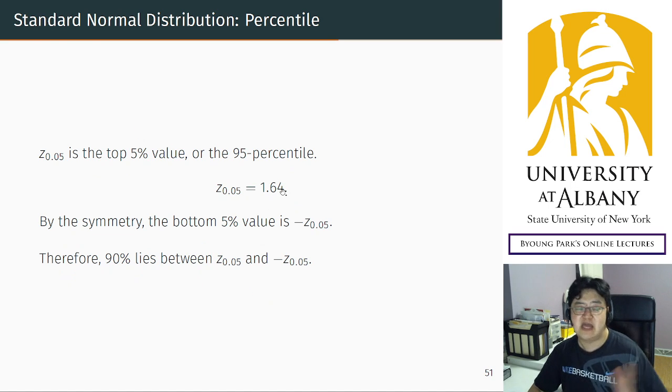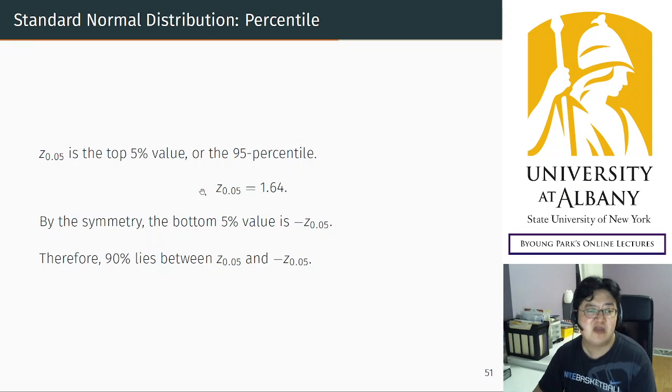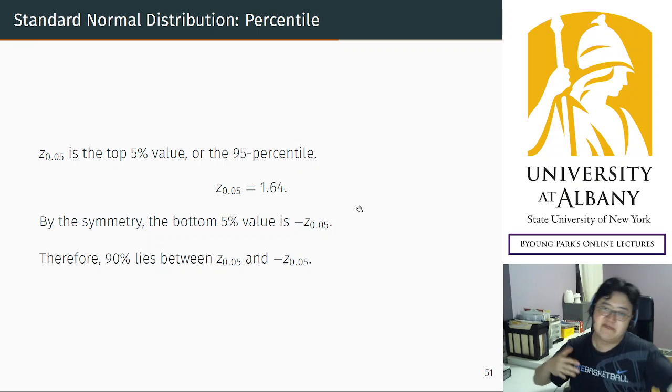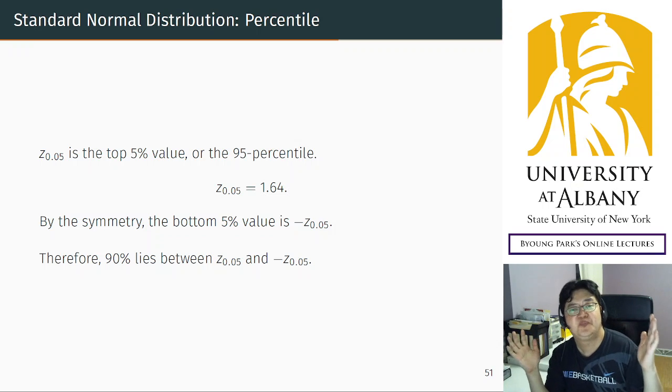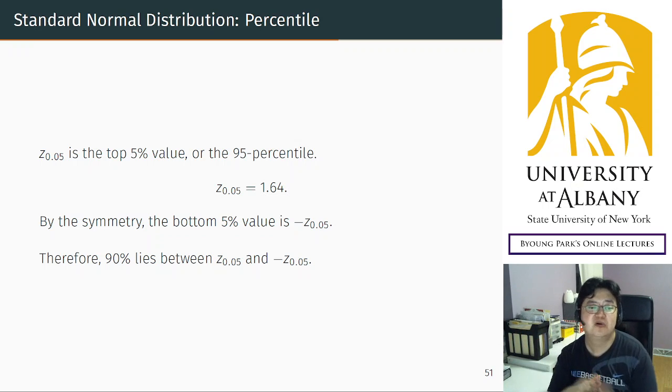Okay, right? This is tricky. When you calculate the top 5% value, by symmetry it automatically implies that the bottom 5% is minus of that, minus 1.64, right? Top 5% and bottom 5% should be symmetric about 0, so they're just plus minus something.